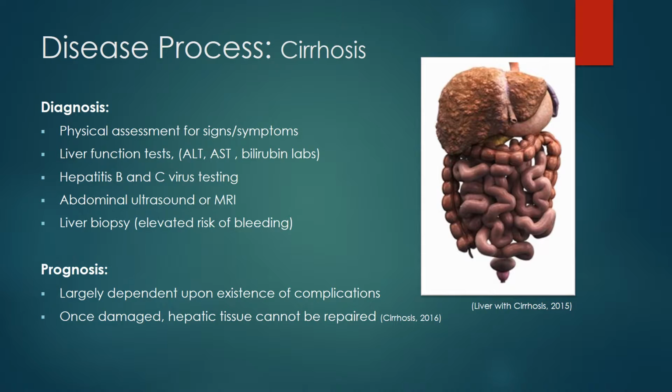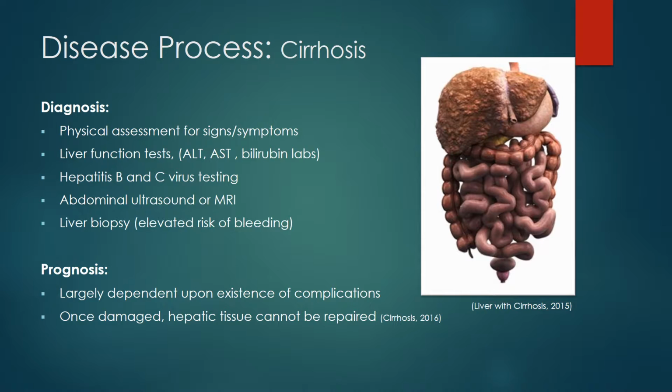The prognosis for someone with cirrhosis largely depends on the complications that surround it. Once damaged, liver tissue cannot be repaired, so a transplant may be a likely route for helping a patient.